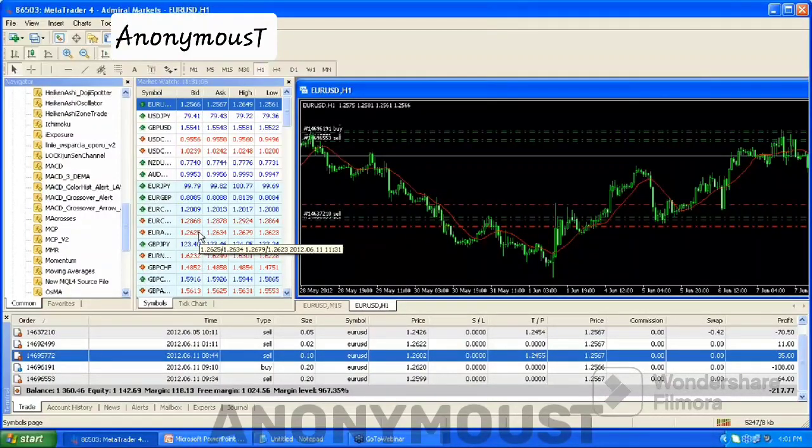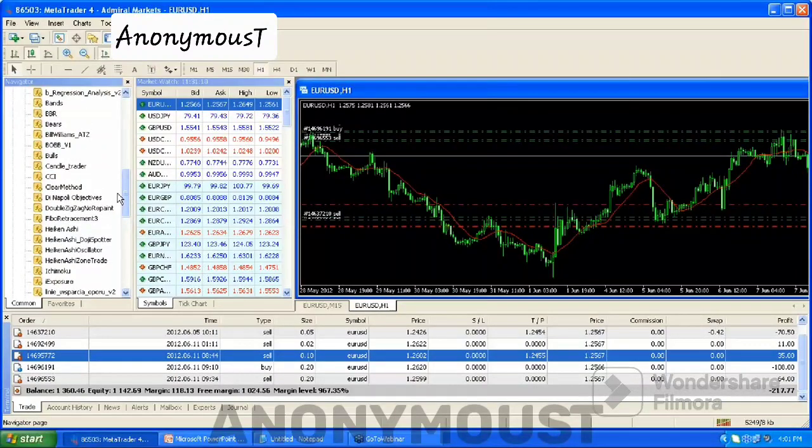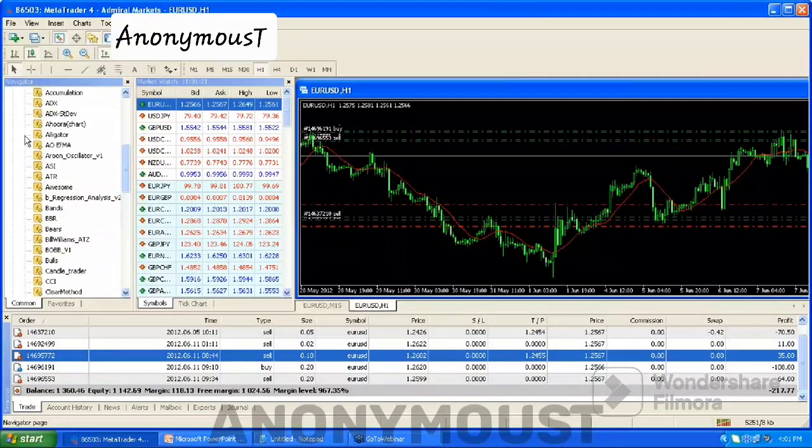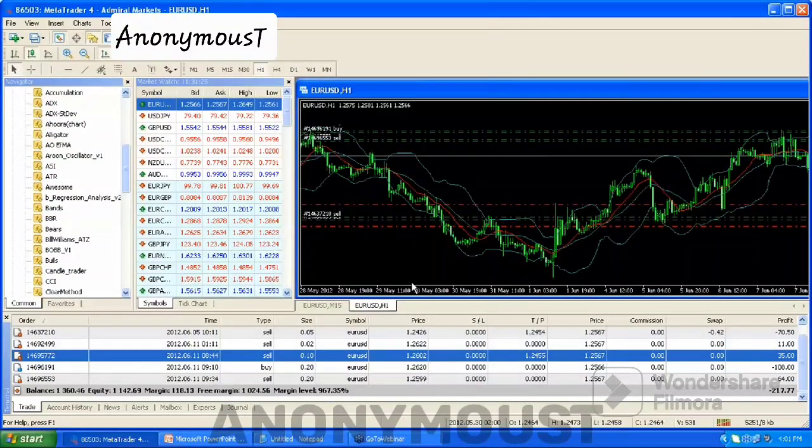Now if I put Bollinger Bands, you see Bollinger Bands on the chart. So these are the trending indicators which have been put on the chart.